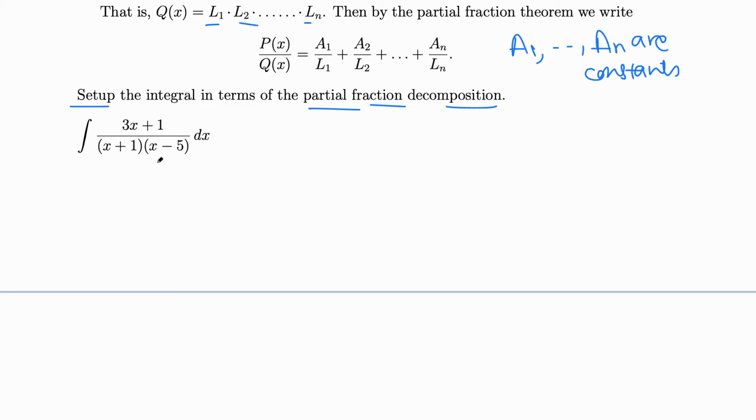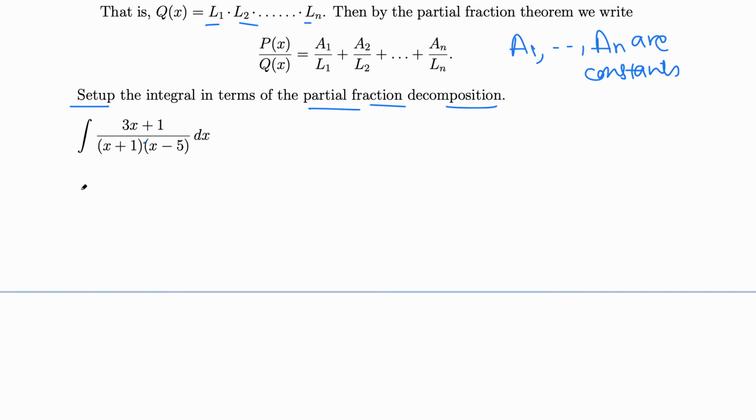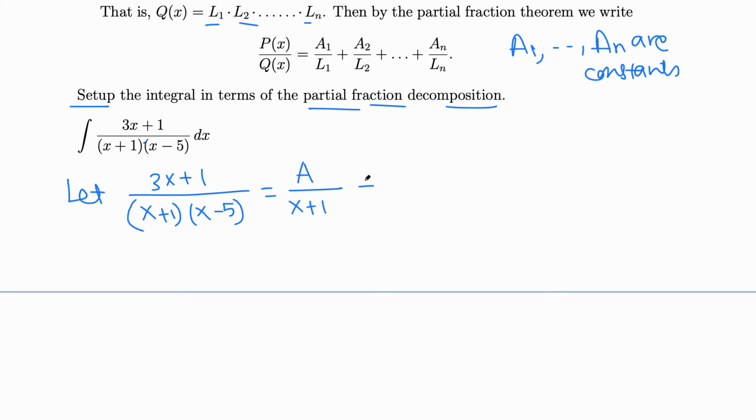Now the bottom is a product of two factors, like L1 and L2. Then it's possible to write this fraction as some constant over the first factor, or the second, it doesn't matter, plus some constant to be determined over x minus 5.